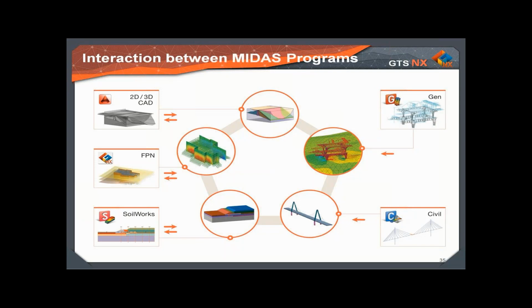Furthermore, GTS NX can import model information such as meshing, material, structure cross-section, and load and boundary conditions from other MIDAS software, such as MIDAS Gen or Civil. The CAD interface transfers project data for expanded analysis requiring soil structure interaction and detailed 3D investigation, such as bridge pier and tall building foundations.